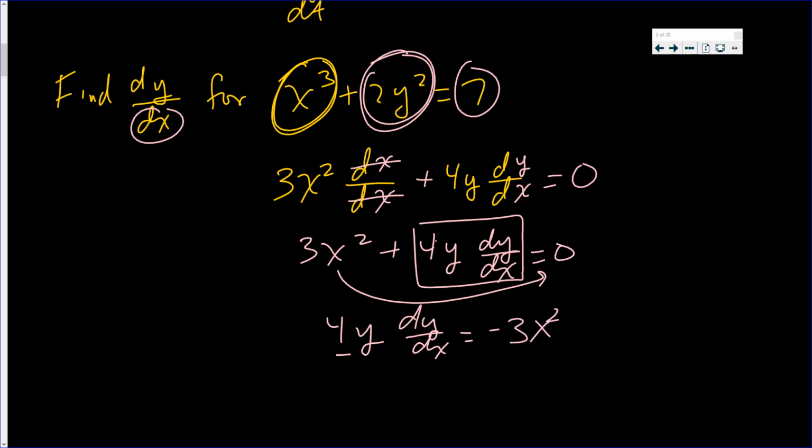Now we divide both sides by 4y, just because we only want to have dy/dx. Do the same to the other side, and we are done. Okay, that is the answer to that problem.